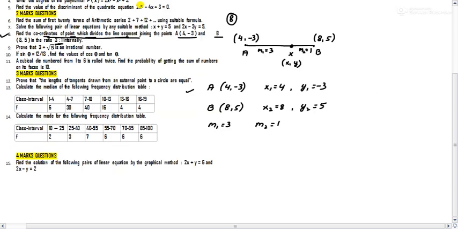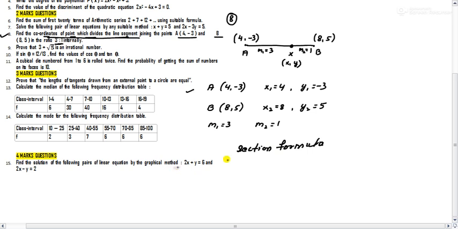If you know this, you can find it easily. So using the section formula, we are going to find the coordinates. There is an easy trick to remember this section formula.